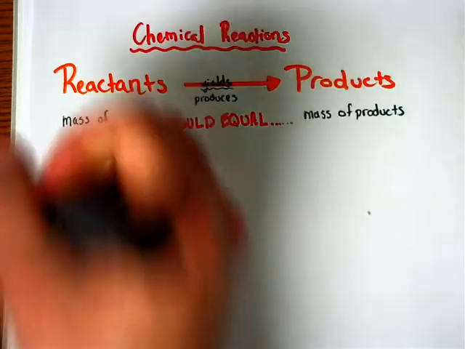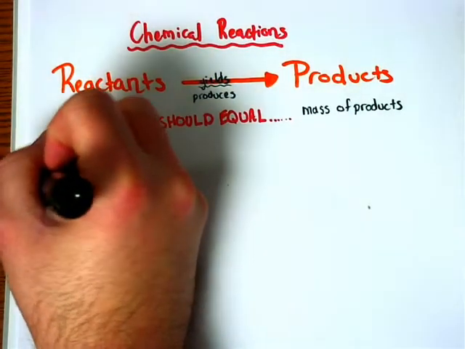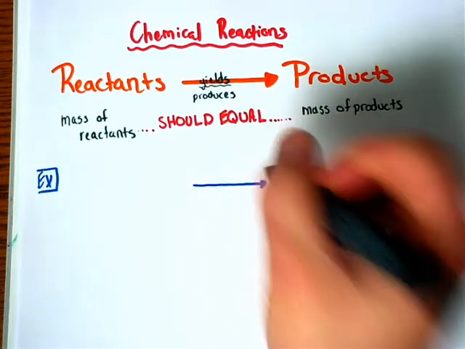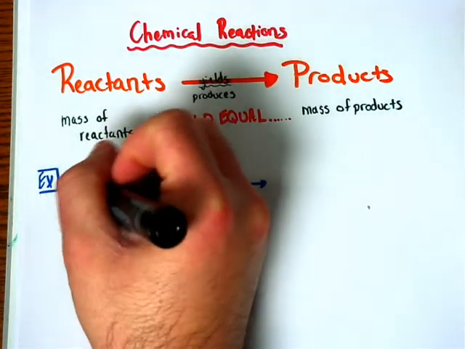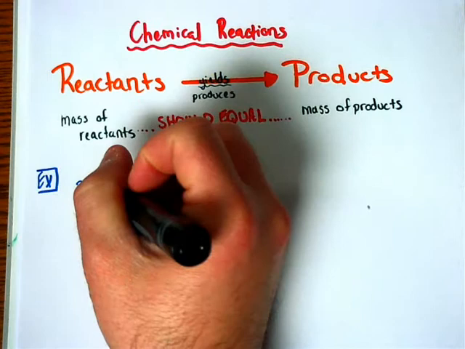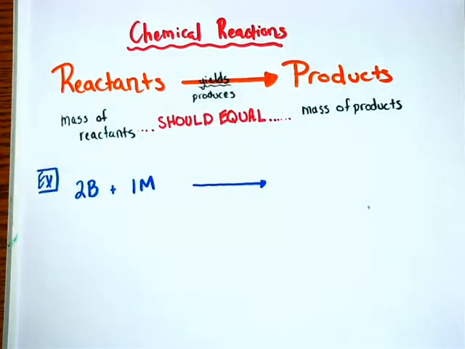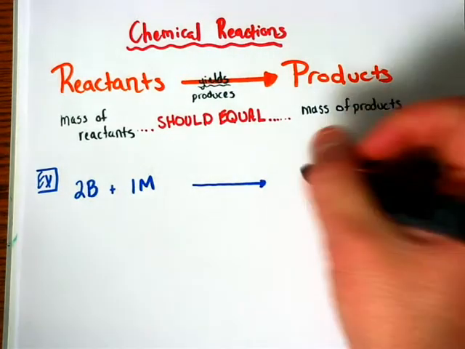So maybe in an example, a poor example, but I'm still going to give you the example anyway. If you start out with 2 breads and you add 1 meat, what can you have 1 of? This isn't a difficult question. 2 pieces of bread with a piece of meat in between, what is it called? A sandwich.